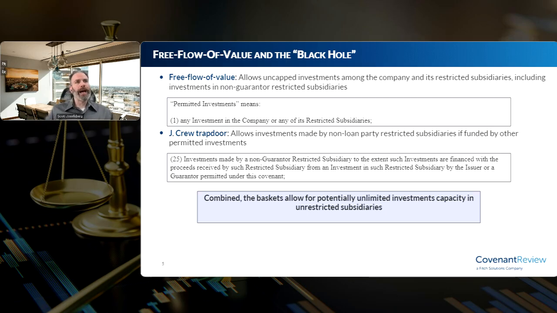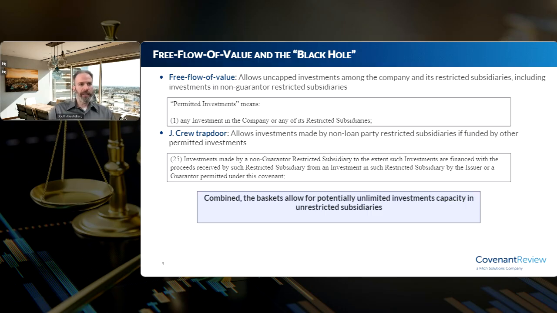It was in a lot of high-yield bond forms for other TPG-sponsored companies. Although I don't think we saw anybody make use of the black hole in the egregious way that J.Crew made use of the trapdoor. This was a flaw that was there and potentially could be used.